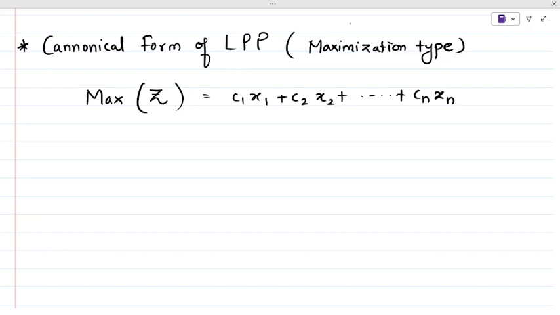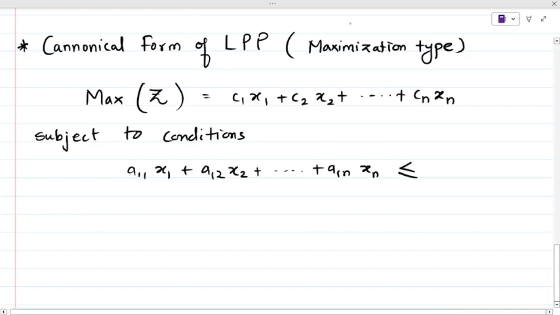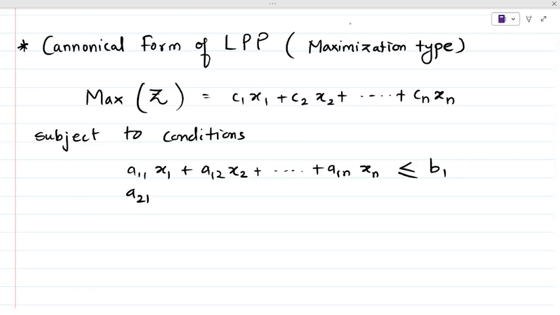Then we write subject to the constraints, or conditions. The first condition is a11 x1, a12 x2, so on up to a1n xn. Now when we want to do maximization, we always see to it that our inequality is of the less than or equal to type. That is the first understanding that we have to remember. Then every inequality should be of the type less than or equal to.